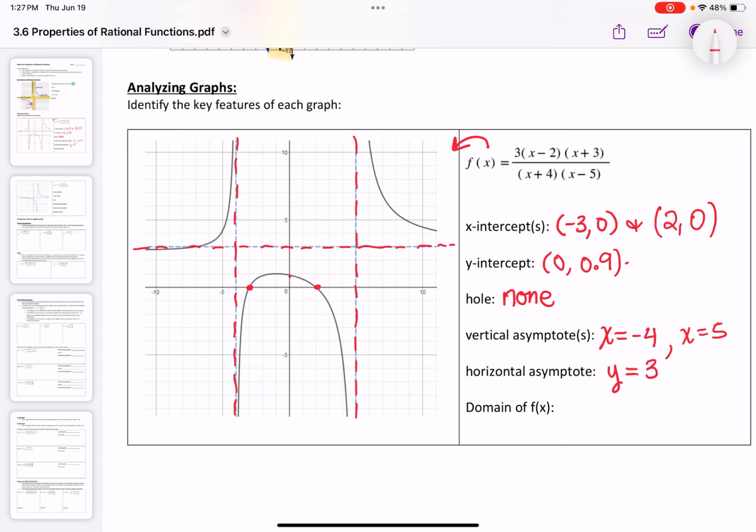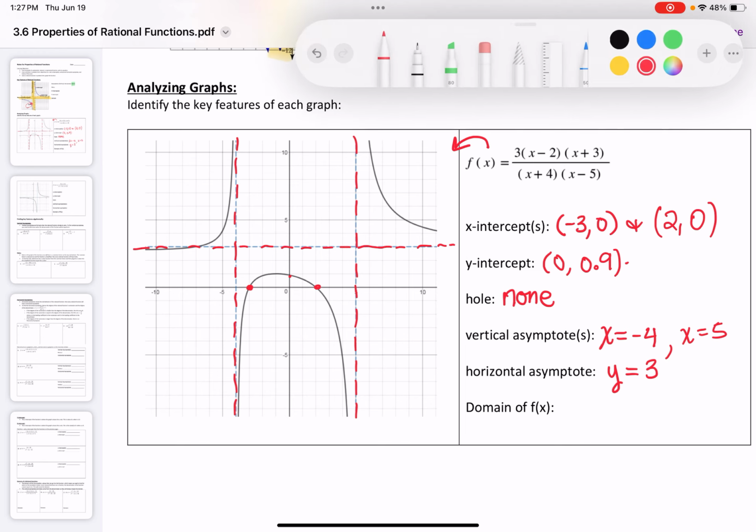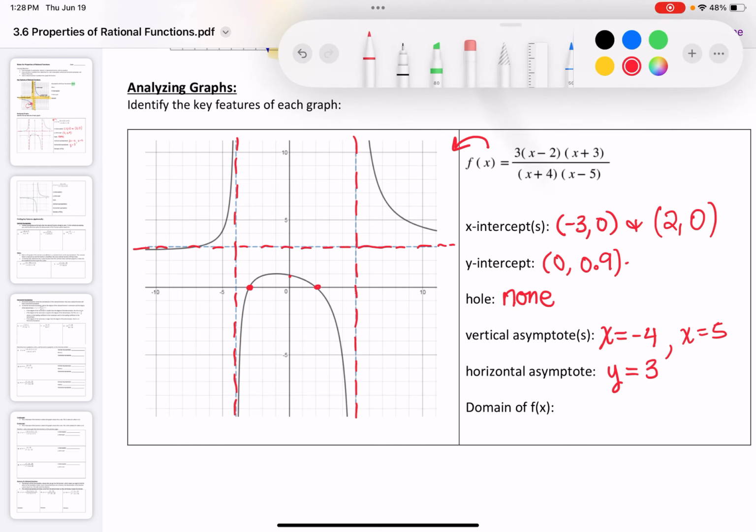And we have the domain of the function. We're familiar with domain. So if we focus on the inputs, what inputs have outputs, we can see that every value here to the left has an output. So we would go from -infinity all the way until we get to this first vertical asymptote. -4 does not have an output anywhere in the graph.